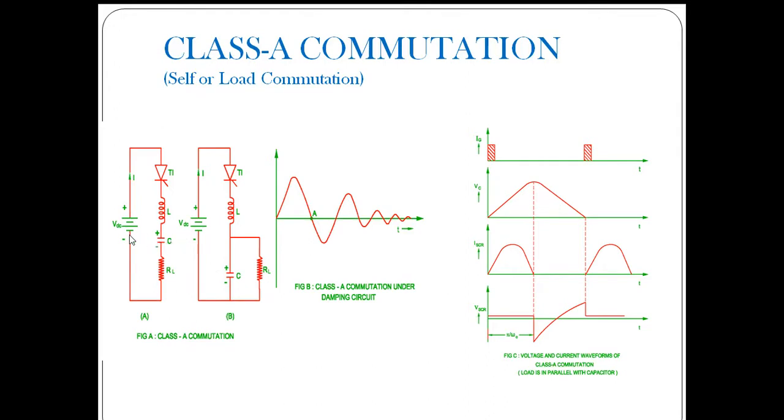When it charges up to the supply voltage, it acts like an open circuit. Then the energy stored in the inductor appears in the reverse direction across the main thyristor T1, and T1 is turned off. Due to the load parameters, the thyristor T1 is turned off. That's why we call it the load commutation process.